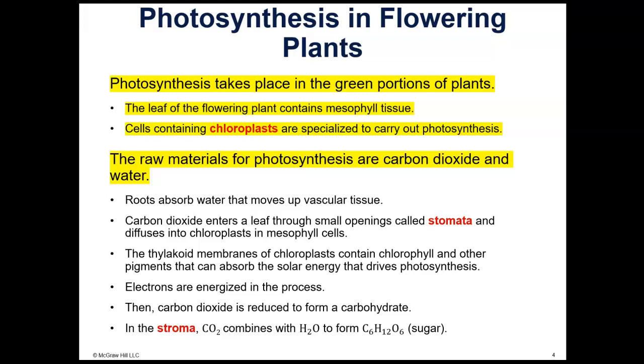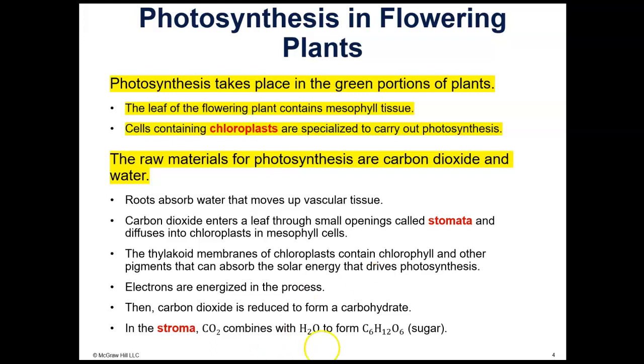All right, and so we depend on photosynthetic organisms for our food. Even if we don't directly eat the plants or the products that they produce, we eat other animals that eat plants. So, one way or another, we're all dependent on this process called photosynthesis.